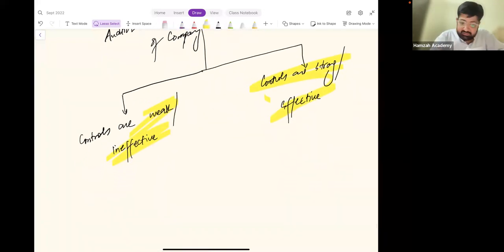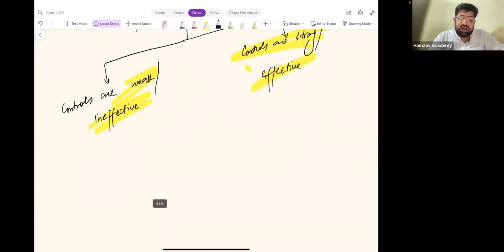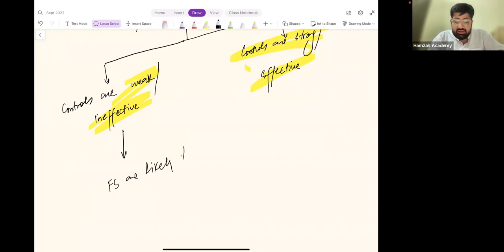If controls are weak, it means that the financial statements are likely to contain material misstatements.